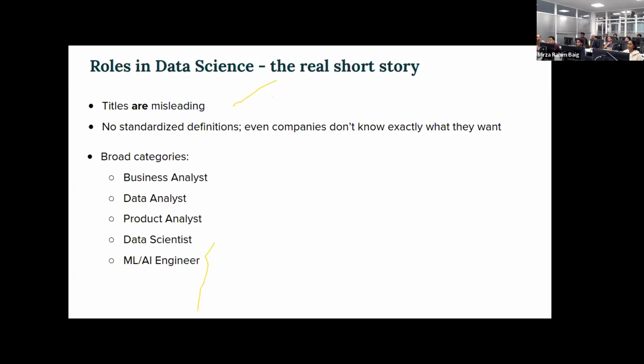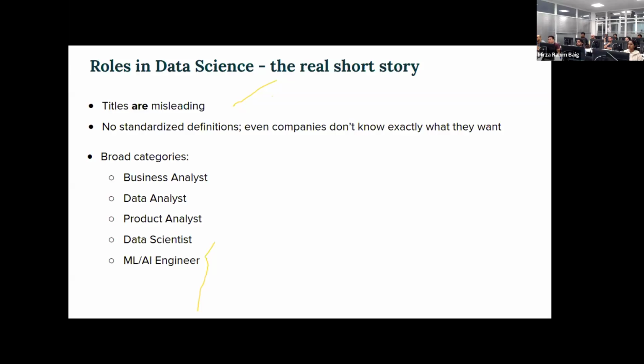Some HR person will be completely clueless and they'll put some definition and they will get some other job description from some other website, and just put it out there, right? And that's why I have situations like 10 years experience in ChatGPT, some random stuff like that. Okay, so even companies don't know exactly what they want, but they know something around this is what they would like to see. And this is the first major point, titles are misleading.